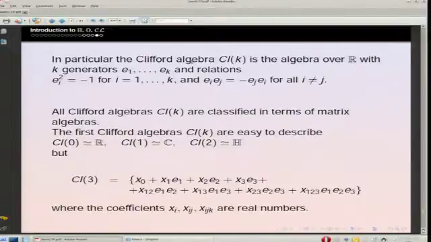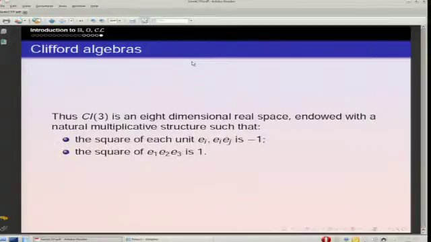The coefficients are real numbers, and e1, e2, and e3 are considered as generators, but we also have e1e2, e1e3, e2e3, and e1e2e3, which is called the pseudoscalar unit. The square of each unit is -1, but the pseudoscalar has a square which is 1. So it's a bit difficult to work with, but in some sense, you have associativity.